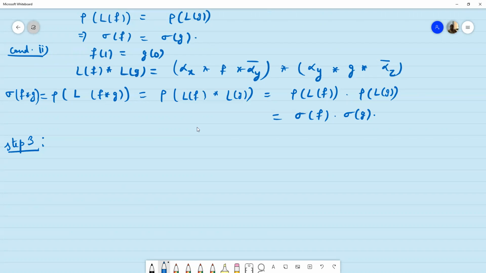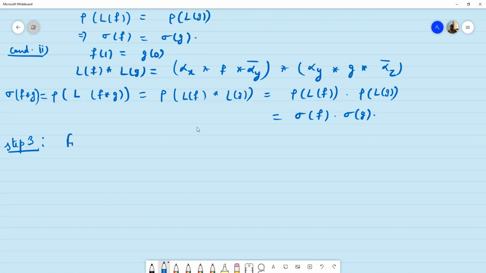So in the first step, we defined a mapping rho which assigns to each loop, either lying in space U or lying in V, an element of H. In the second step, we extended that mapping to a mapping which assigns to every path in either U or V an element of H. Now we will extend this to a map which assigns to any path in X an element of H. So now we are taking paths which need not be either in U or in V. They can be in space X, meaning some part of the path may be in U and another part may be in V.